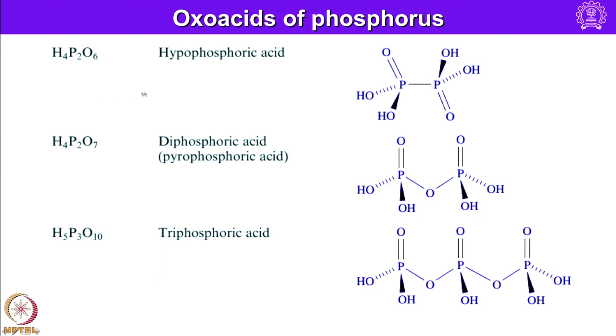Similarly, hypophosphoric acid, if you see here it has 4 of them, so it is a tetrabasic acid, and similarly diphosphoric acid H4P2O7 we have 1, 2, 3, 4, it is also tetrabasic acid, and similarly H5P3O10 triphosphoric acid we have 1, 2, 3, 4, 5. So, this is a pentabasic acid.